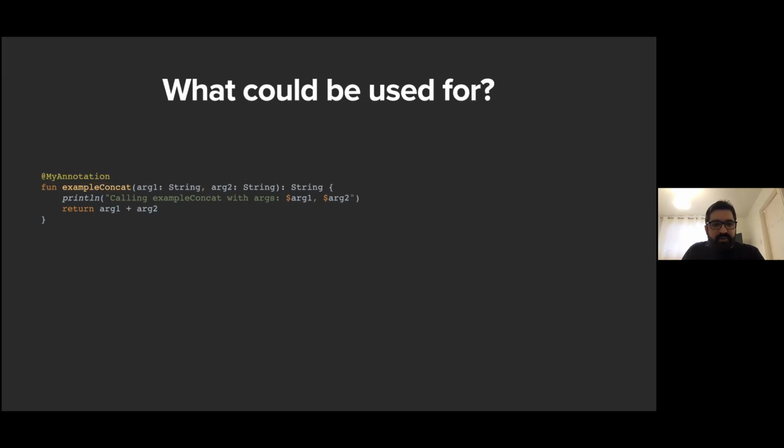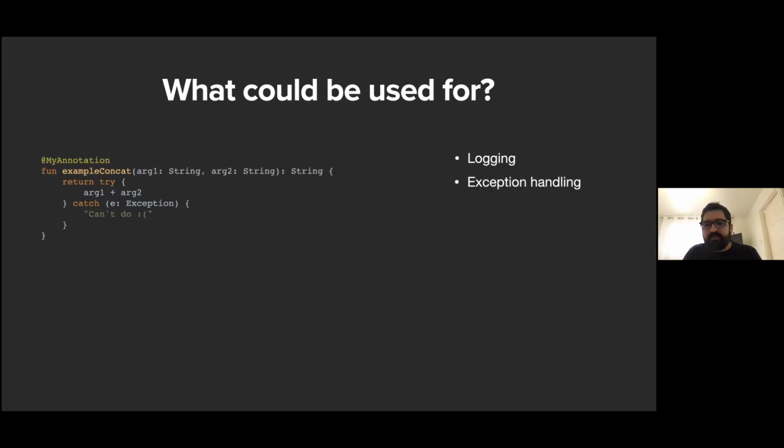I'm going to go through a couple of very common use cases of what people tend to do when it comes to modifying existing code. So the first is what we just saw, which could be logging. Some people use it for exception handling. Some people just don't like having to wrap everything in try-catch blocks, so this is something that could be auto-generated for you.